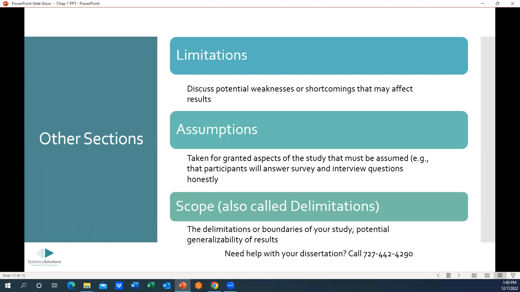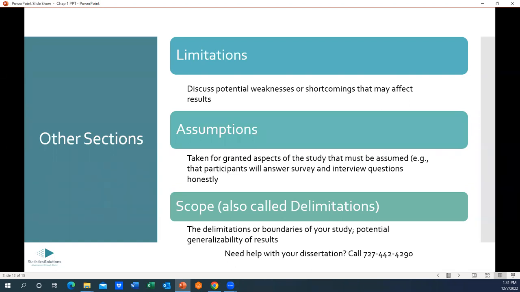Scope, sometimes called delimitation, sometimes they're different, but really they're the boundaries that you set on your study, right? Say an education study where you're just going to study parents, the way parents work with their children on homework or something. So sometimes with the delimitations you have to say, no, I'm not studying teachers, I'm not studying principals, I'm not studying students, I'm studying parents.